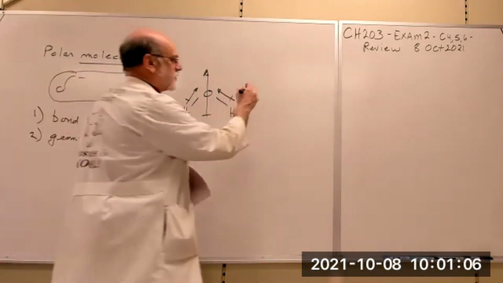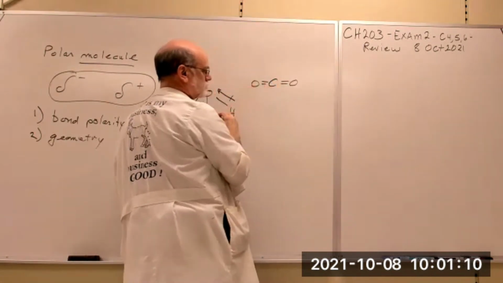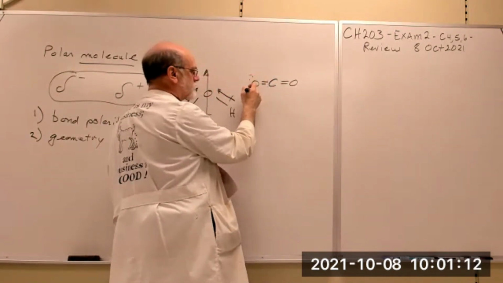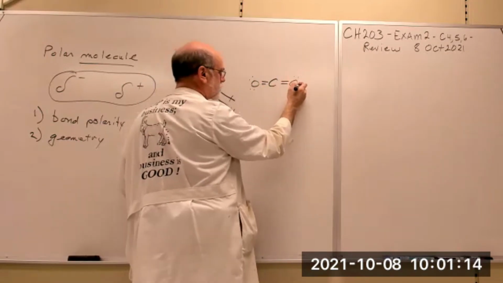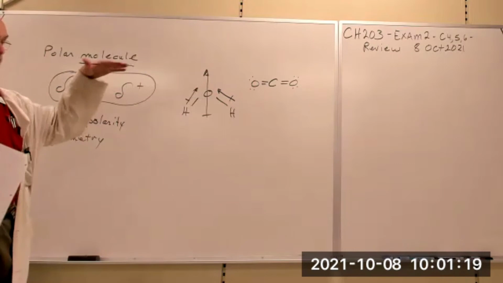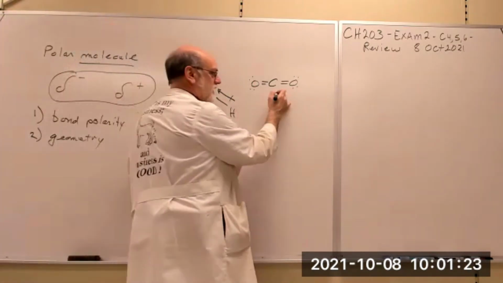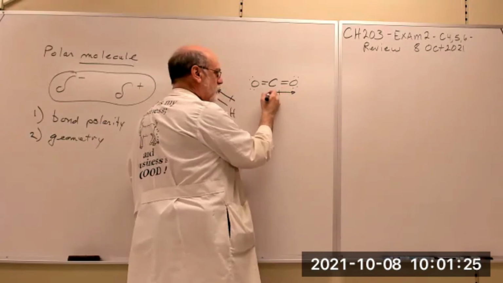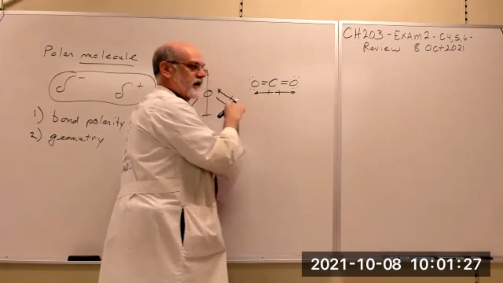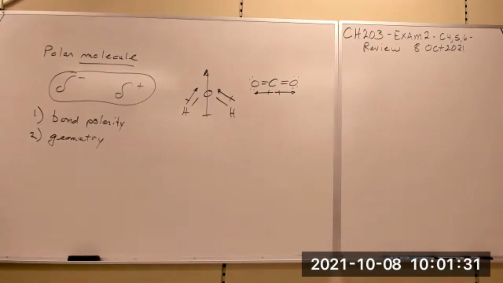In the case of this one, carbon dioxide is linear. That cancels. It tends to have a polar bond this way and one on that side that way, and they cancel one another out. Okay.